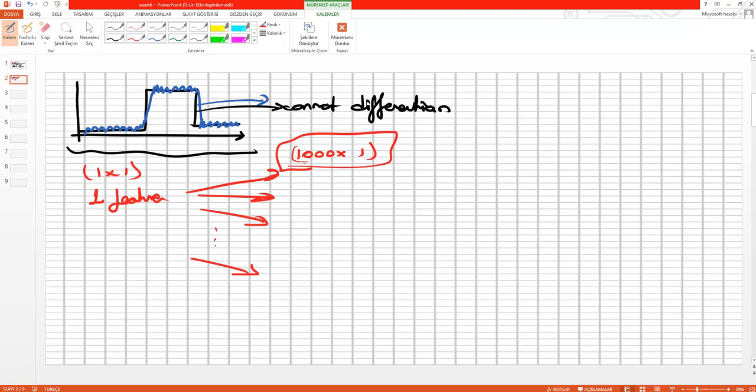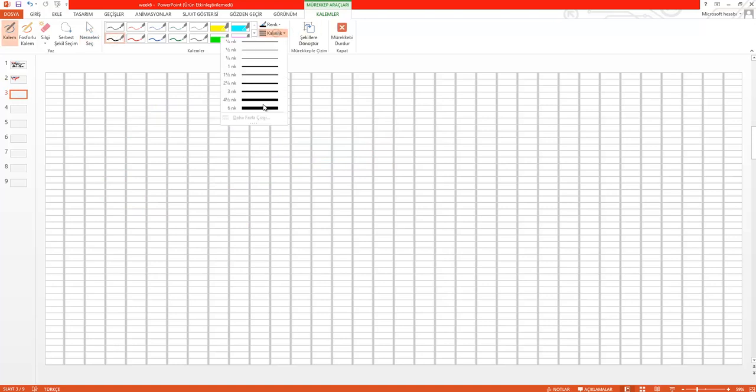Okay? So what about the Fourier transform? This was the Fourier series, but in this case we will talk about the Fourier transform.